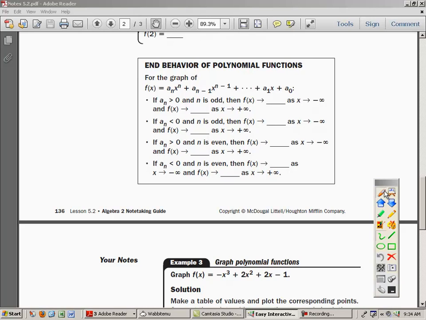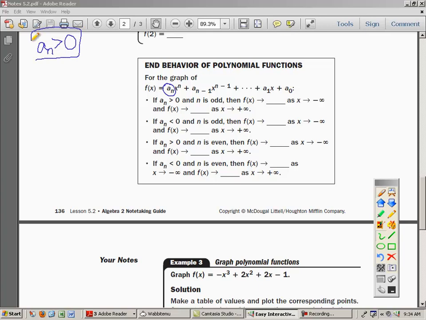All right. The last piece of this lesson talks about this idea of end behavior, and how a function behaves on its ends. To teach this, I would probably start with a picture. And I'm going to say, look, if a is bigger than 0, if the leading coefficient here, and I guess they're going to call it a sub n, is positive, meaning greater than 0, there are two things that could happen here.